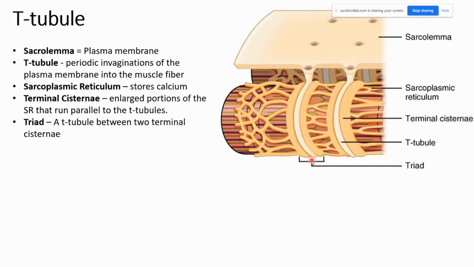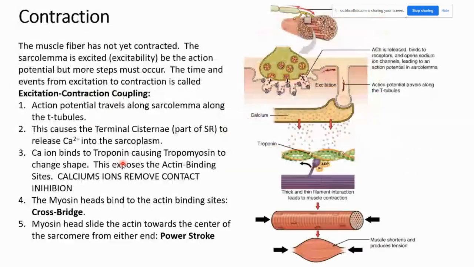There's a terminal cisterna, and there's another terminal cisterna with the T-tubule in between them. So together we have this triad, the T-tubule between two terminal cisternae. So as the action potential rushes down a T-tubule, the calcium stored in the sarcoplasmic reticulum or terminal cisterna gets released. It doesn't say that there yet, but that's what's going to happen on the next slide.